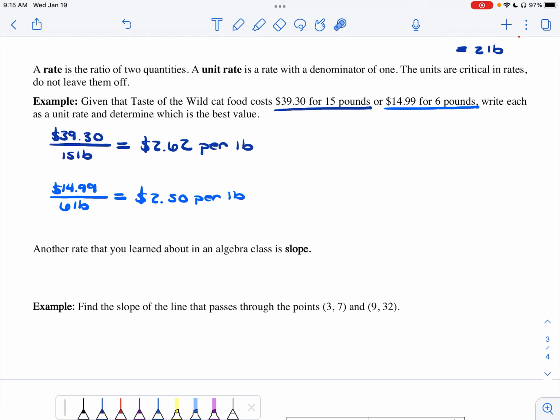So it said in the original question, write each as a unit rate and determine which is the best value. Well, for the best value, we're looking for the one that has the lowest cost, and our second one here, $2.50 per pound, is the lower of the two, so this is going to be our best value. I'm going to write this in a sentence.